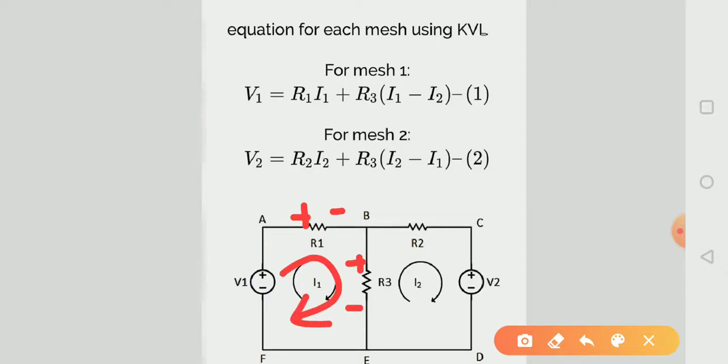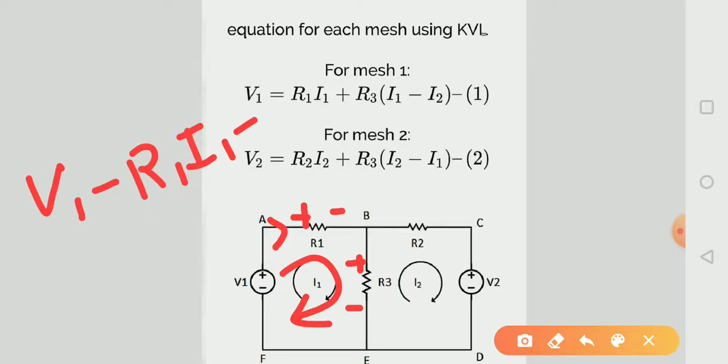V1, we can write V1 minus, here the current is flowing, so V1 minus R1 into I1 and minus R3 into (I1 minus I2).